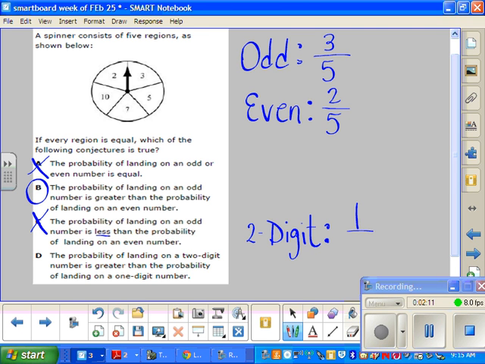So the number 10 has 2 digits in it. It has a 1 and a 0. So that's only 1 out of 5. And then the 1-digit numbers, which is 2, 3, 5, and 7. So that's 4 numbers out of 5. So that is incorrect. D is not correct because the probability of a 2-digit number is not greater than the probability of a 1-digit number.